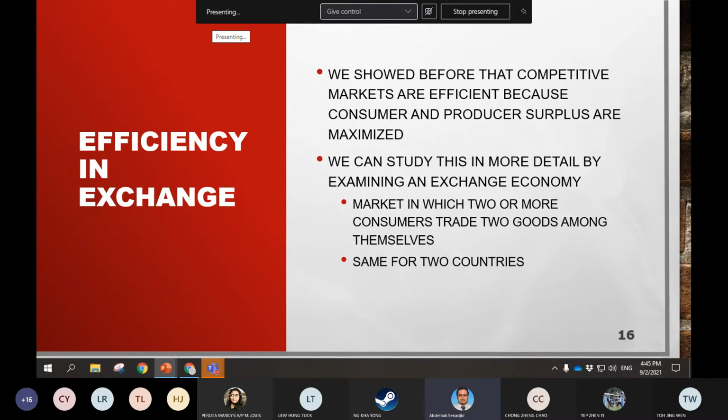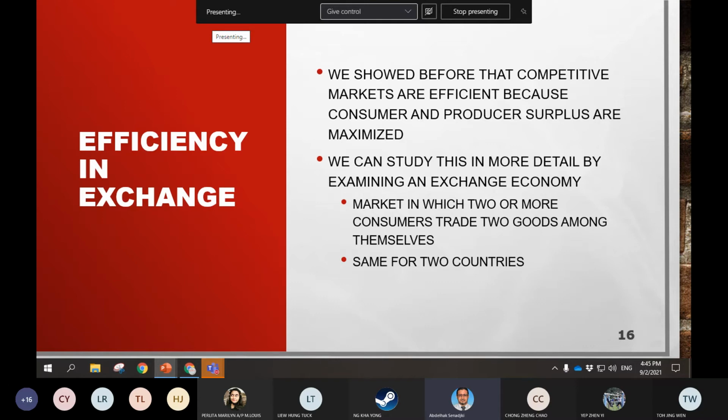Also, we can study this in more detail by examining an exchange economy, a market in which two or more consumers trade two goods among themselves, or the same for two countries.